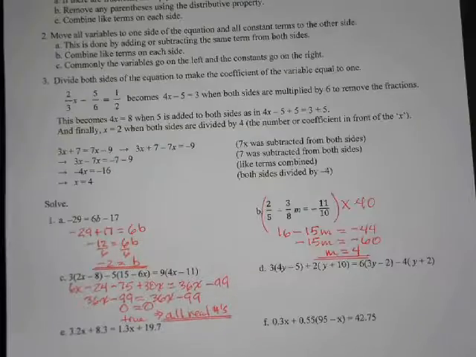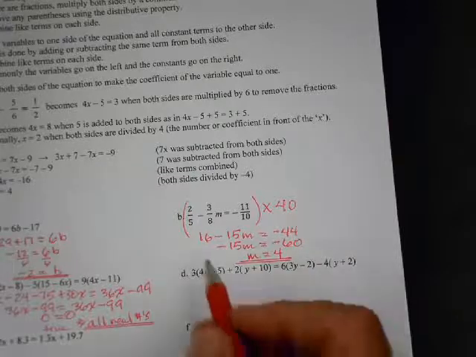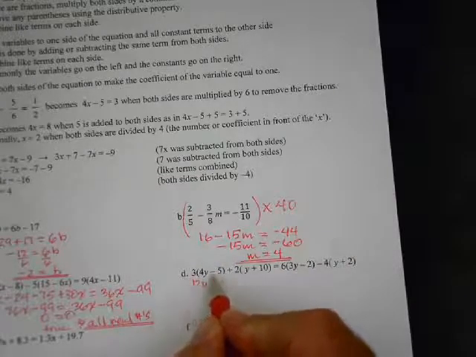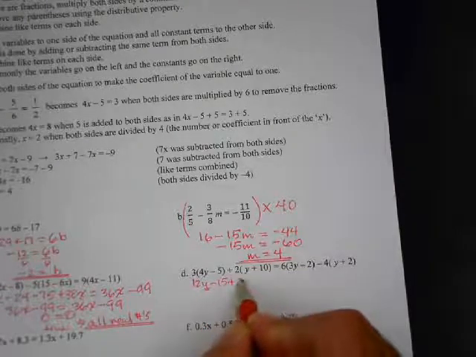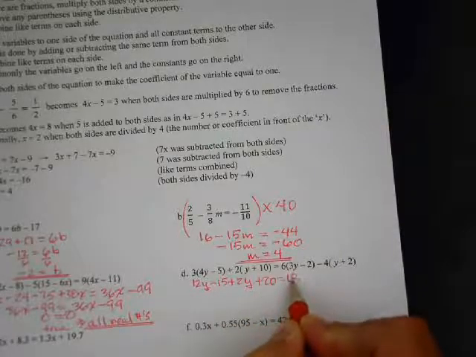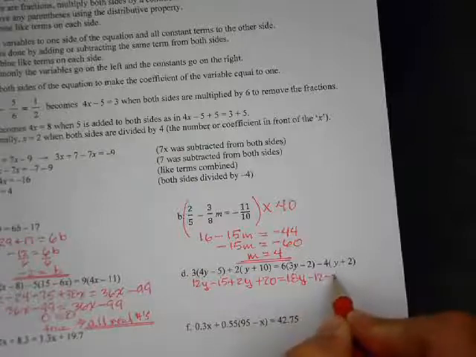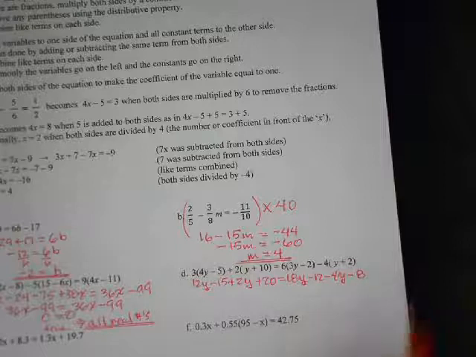Okay, next, some more parentheses. So we'll distribute 3 times the 4, 12y, 3 times the negative 5, negative 15, plus 2y, plus 20, equals 18y, subtract 12, subtract 4y, negative 4 times the 2, negative 8 here.